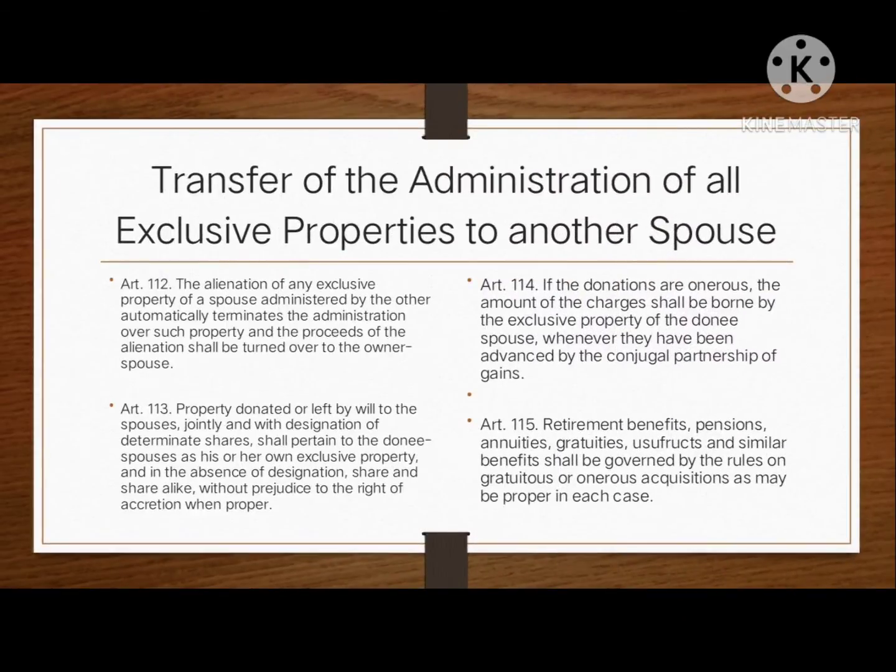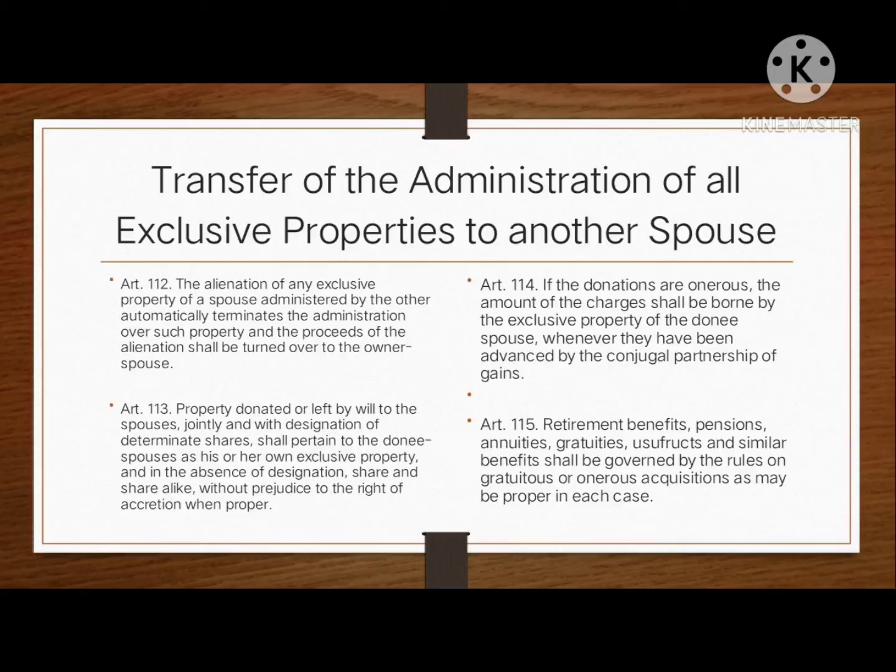Next, the alienation of any exclusive property of the spouse administered by the other automatically terminates the administration over such property, and the proceeds of the alienation shall be turned over to the owner spouse. Kapag sinabi nating alienation of properties, this is the transferring of property.